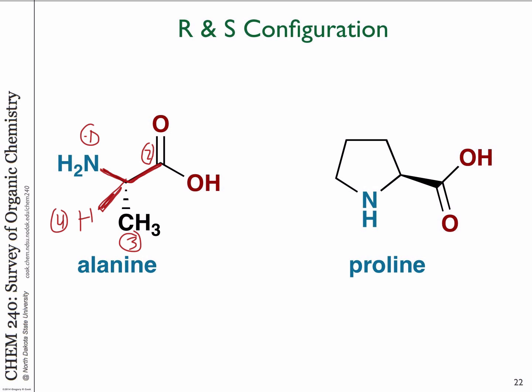Okay. So that is S. So this is S-alanine. I don't need to put a number because there's only 1 stereogenic carbon, so it's obvious where it is. S-alanine, or L-alanine, we'll see it listed because L-alanine is the natural one. It happens to rotate the light to the left.